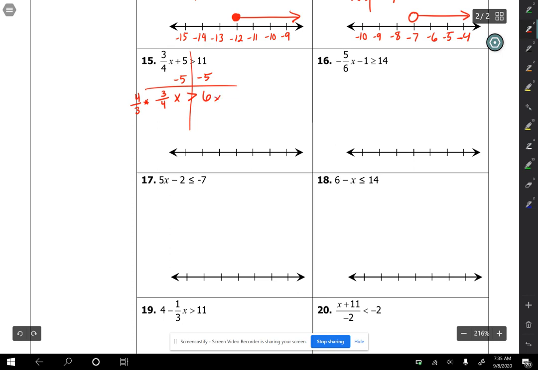Remember, to get rid of a fraction, we multiply by the reciprocal. That way those cross out. 6 times 4/3, I'm just putting that in my calculator, and I got 8. Same thing here, we have a fraction.